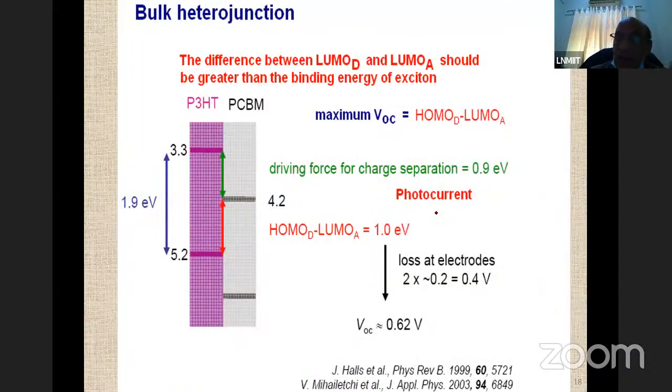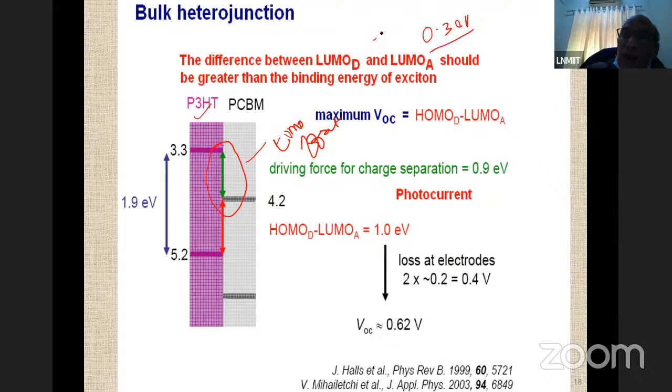Now, as I just discussed, this is your donor and this is the acceptor. This is the driving force for exciton dissociation, and this is called the LUMO offset. This LUMO offset should be greater than 0.3 electron volt, which is the exciton binding energy.